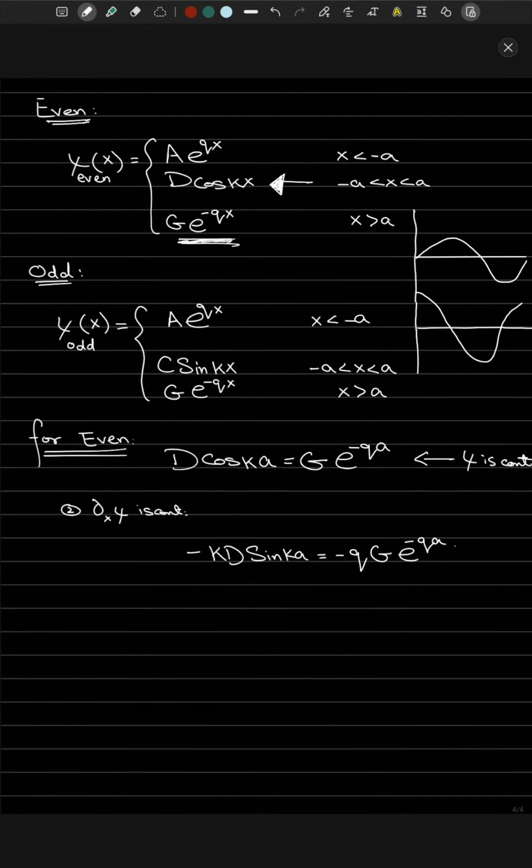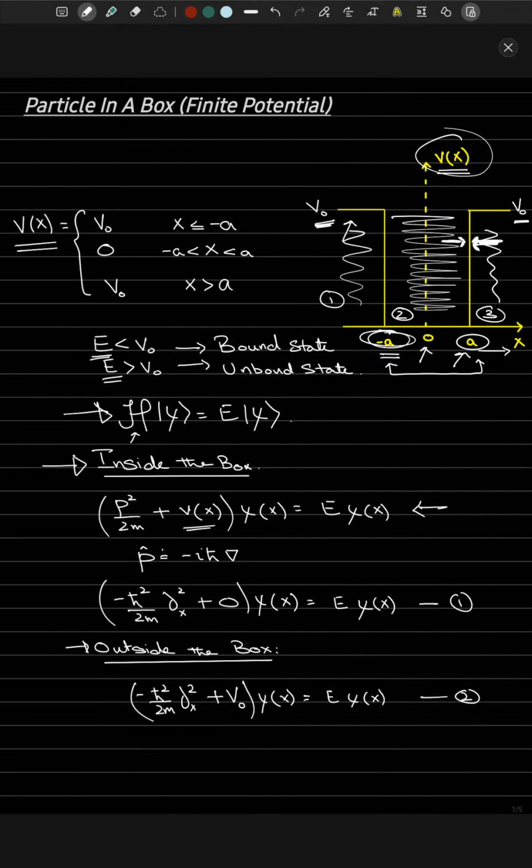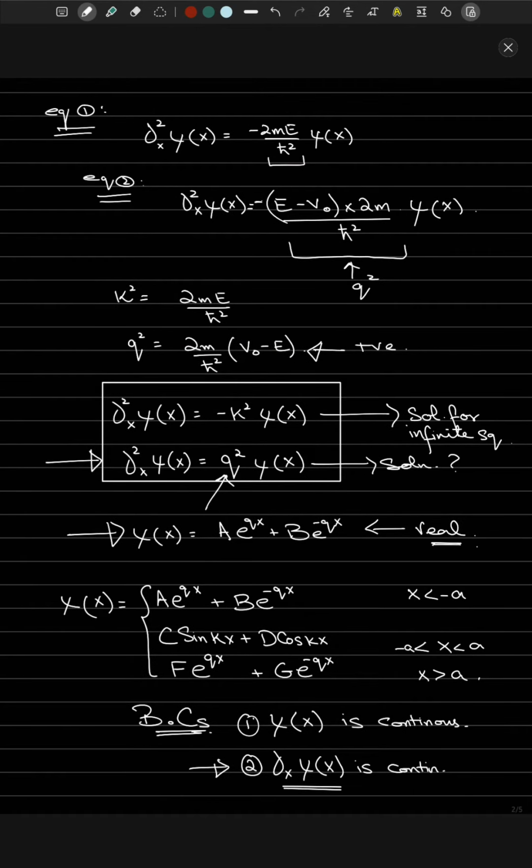Right. So now moving forward, we have already established that these constants k and q contain energy terms, right? So keeping that in mind, basically our goal is to find the energy eigenvalues, right?